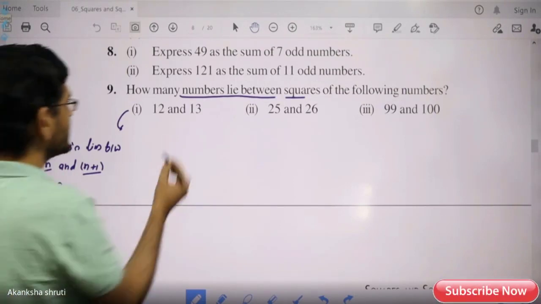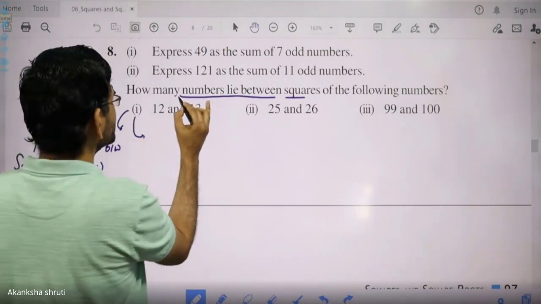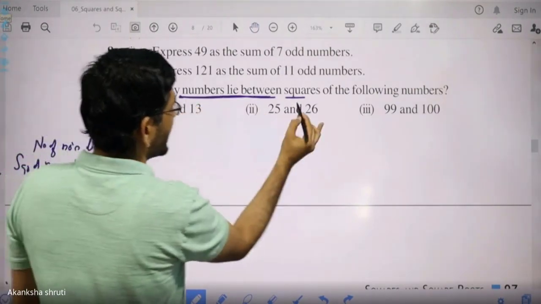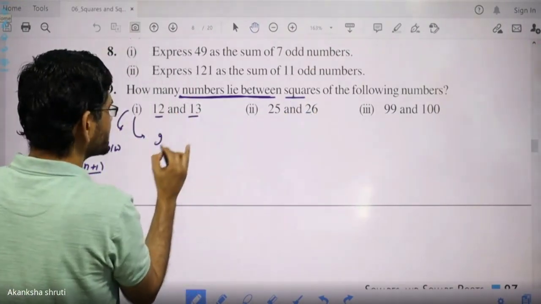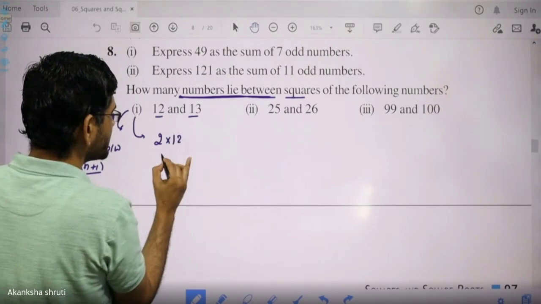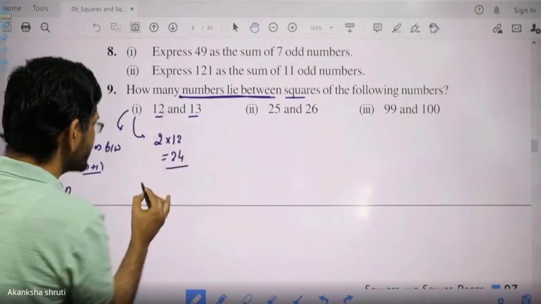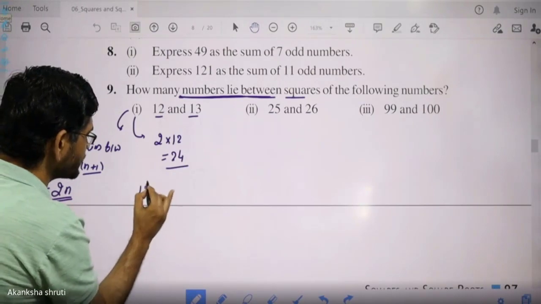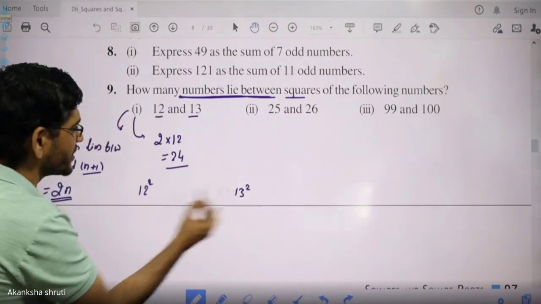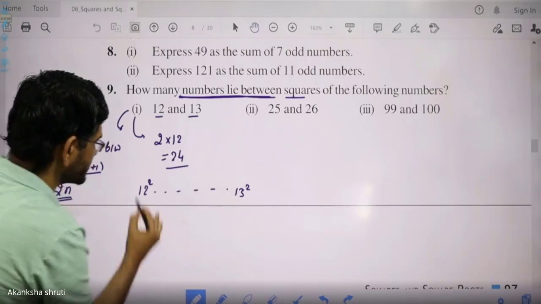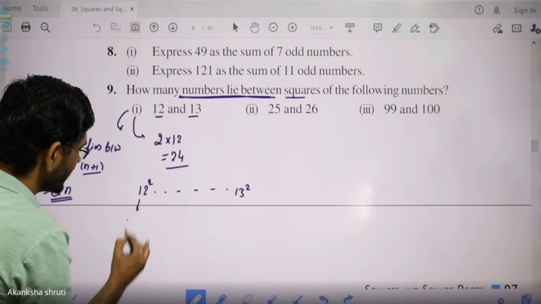Okay, students? Therefore, in the first case, the numbers lying between the squares of 12 and 13 will be 2 into 12, 24. No need to write it. The question was, if we are taking 12 square and 13 square, how many numbers are lying between these? 12 square means it is our 100.